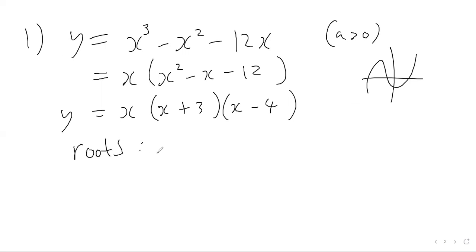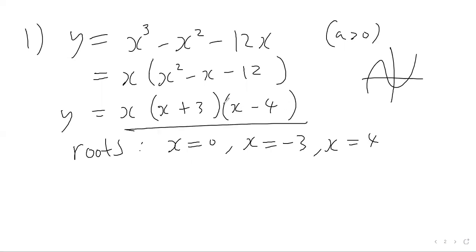The roots are x equals 0, because when you plug in 0, everything just cancels out, x equals negative 3, and x equals positive 4. We get three roots from these three linear factors.